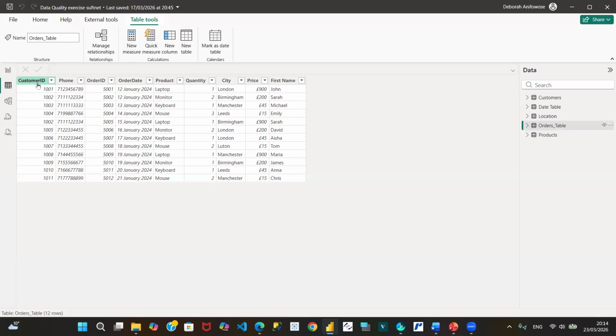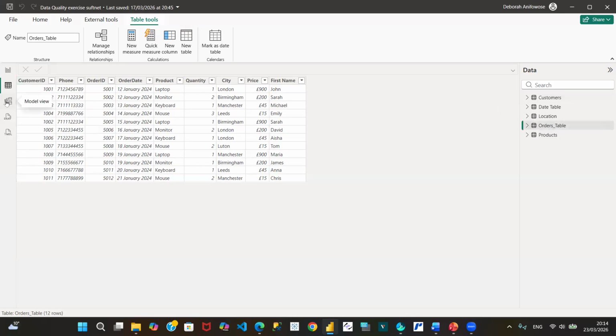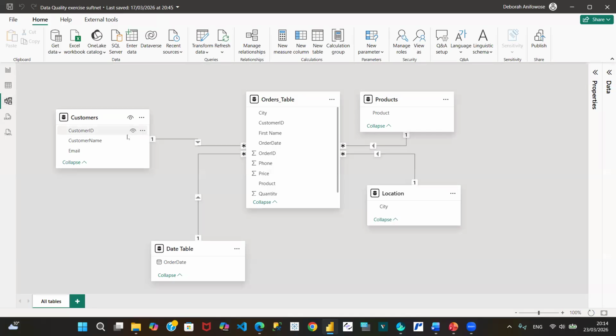So this customer ID becomes a foreign key on here, simply because it is a key that would help to establish a relationship between the customer's table and the orders table, as we see in our data model here. The customer ID on here is a primary key.